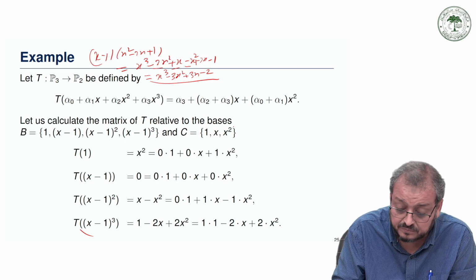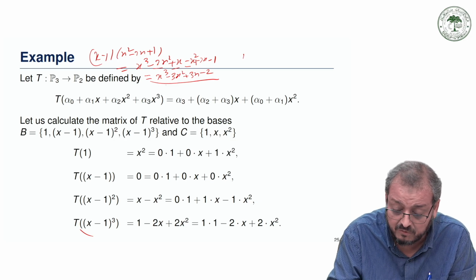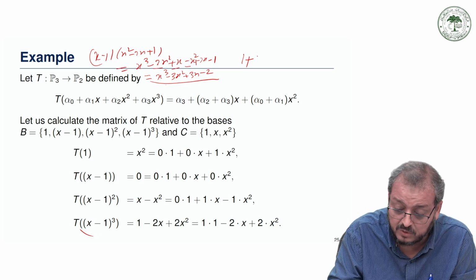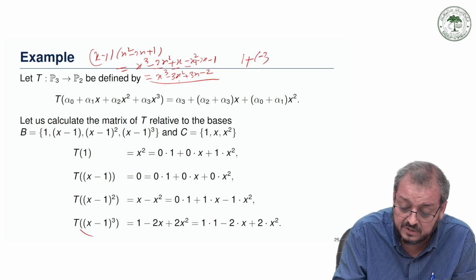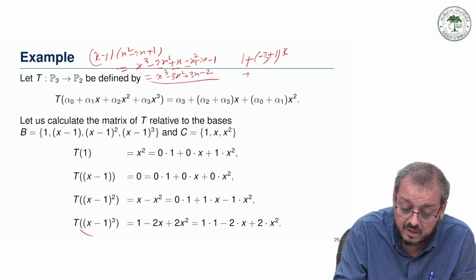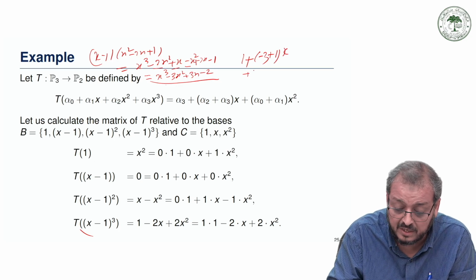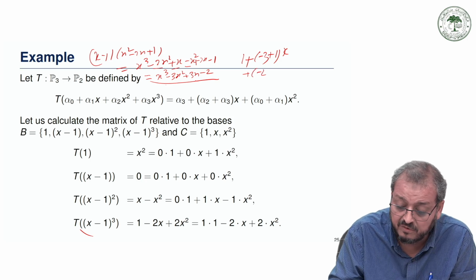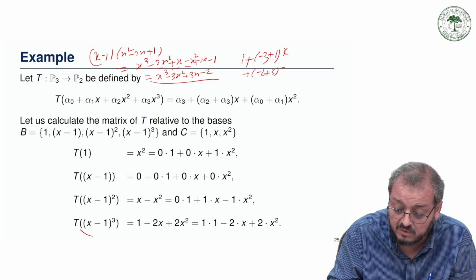Now you have α₃ = 1, plus α₂ = −3, α₃ = +1, you have x, and then we check α₀ = −2, and then plus α₁ = +3, then you have x².